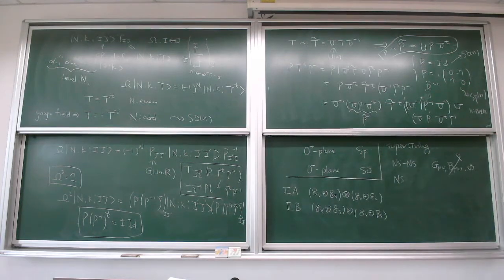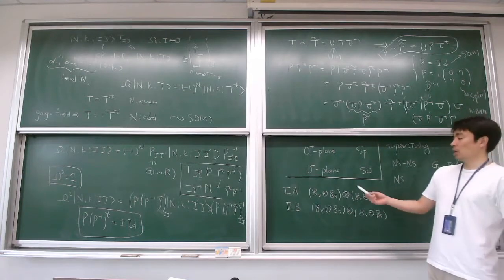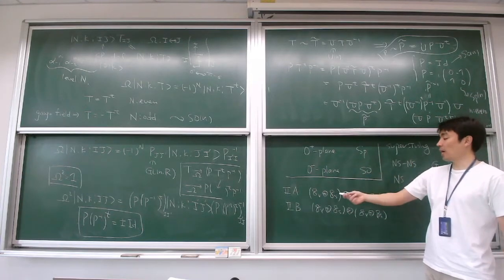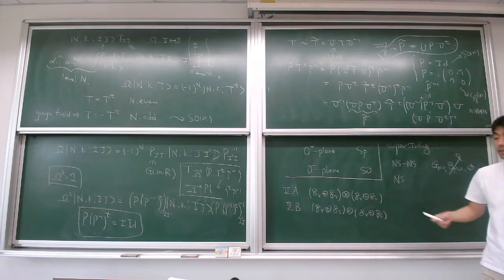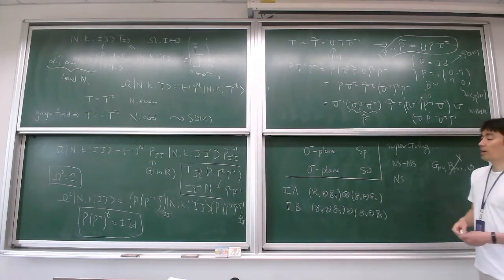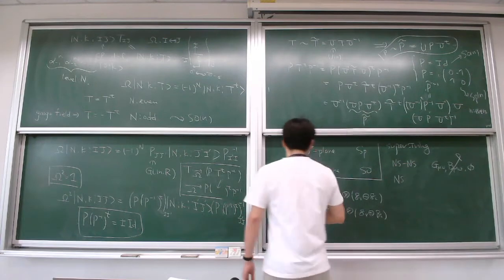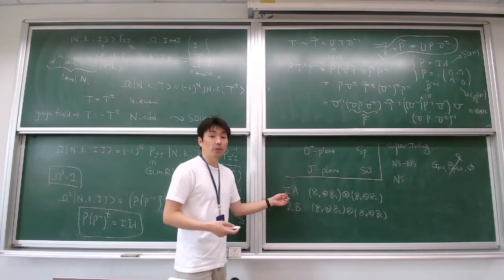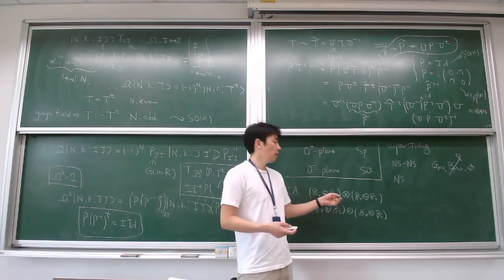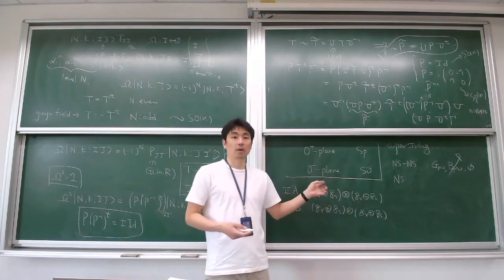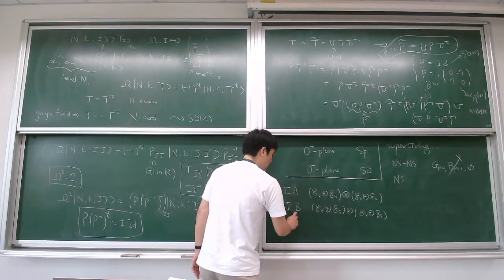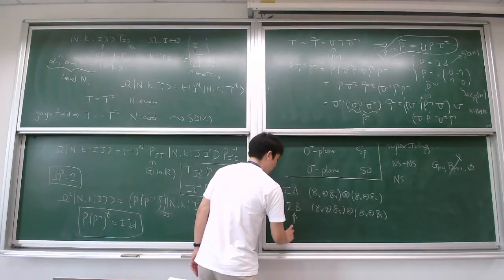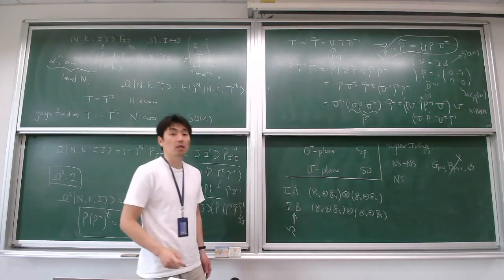As I mentioned, the orientifold projection identifies modes in the left moving sector and right moving sector. Therefore one cannot simply apply the orientifold projection on type 2A, because the left moving and right moving modes are different. One can only apply it to type 2B.